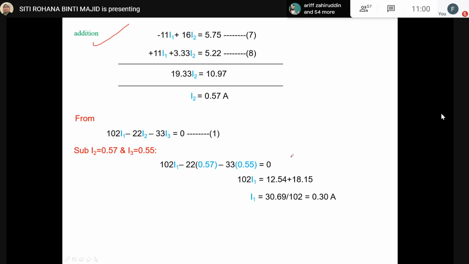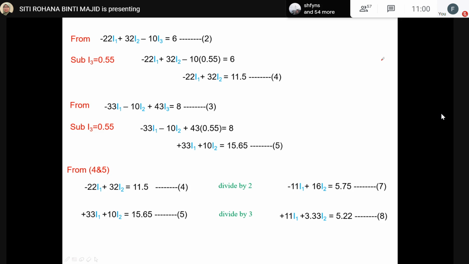But if it is 4 or 5 loops, that means the working steps are quite long. Plus with the math skill, finally it is quite difficult to get the final answer. So that's why I advise all of you to practice how to solve simultaneous equations, because it depends on you which approach you want to use.